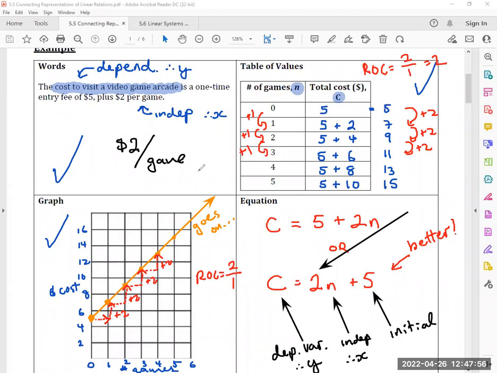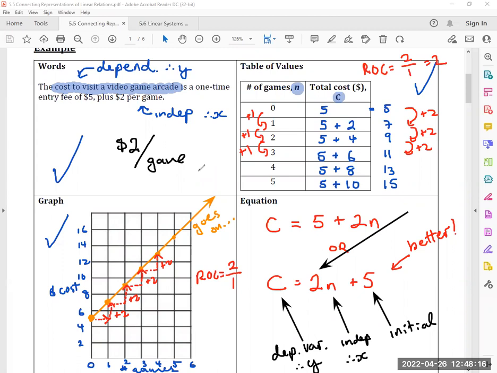That 2 in the equation, the 2 that I'm multiplying the x with, the independent variable with, that number multiplying with the independent variable must represent my rate of change. So they are one and the same.